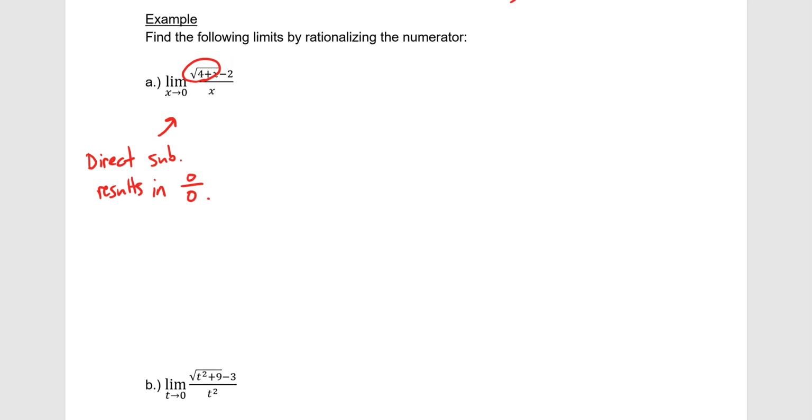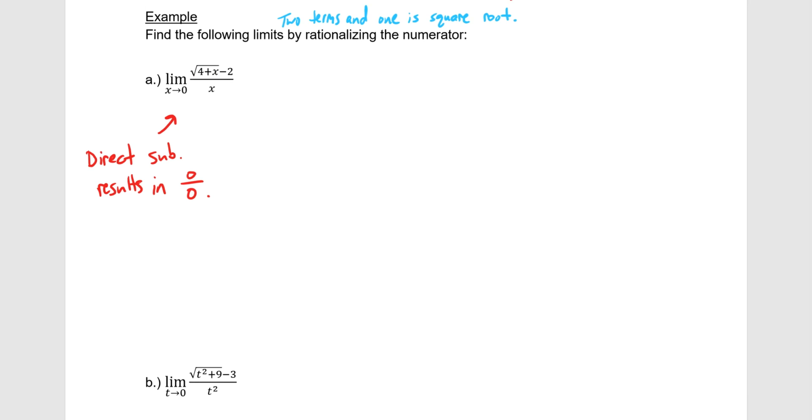So there's two terms in the numerator where one of them is a square root. That's a huge hint that you need to do this. Obviously it says here to rationalize the numerator, but it won't always say that for you, so you need to recognize it.